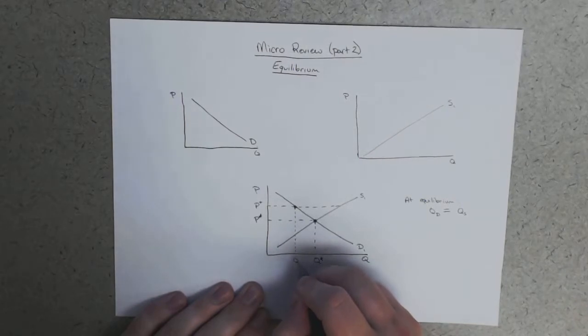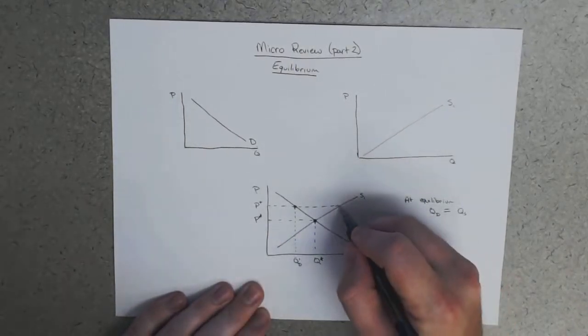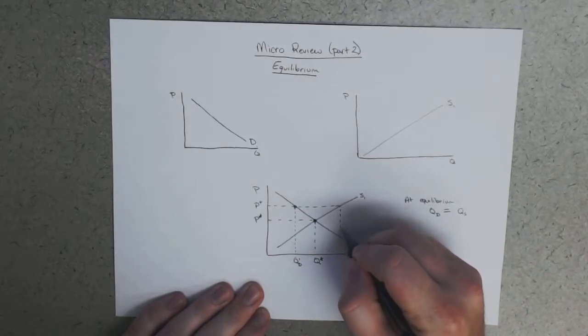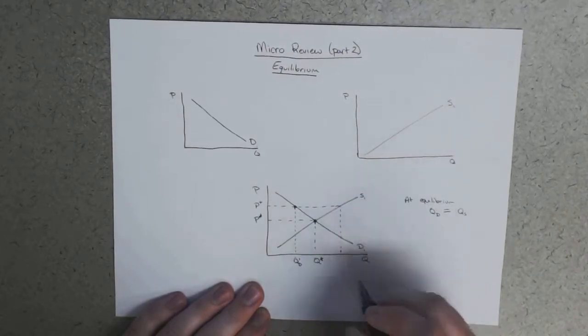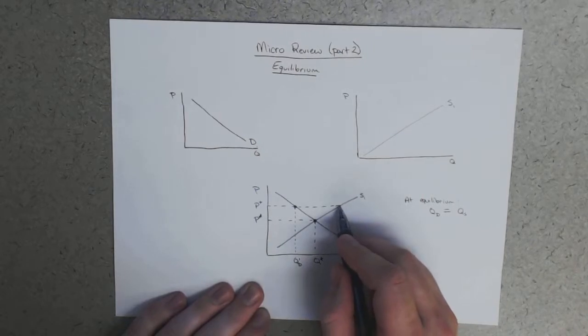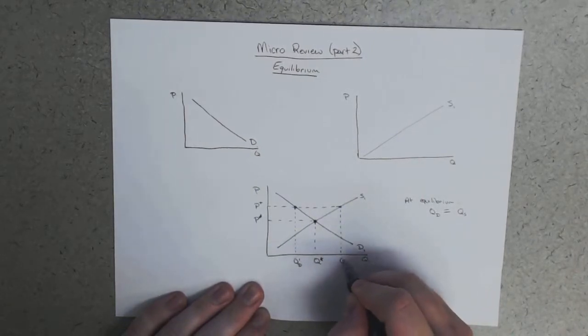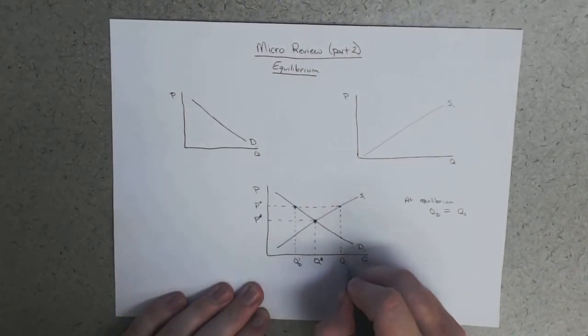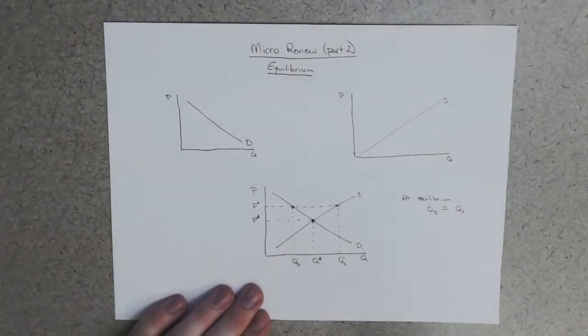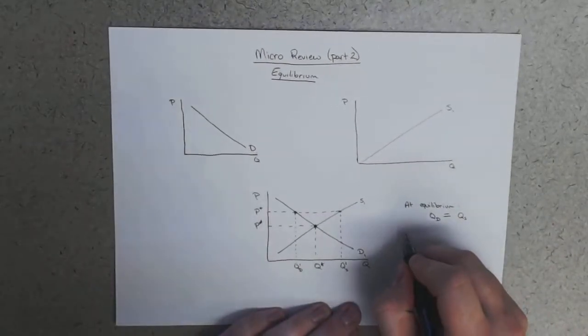We've got QD, I'll call it QD1. I can come straight down here, and I run into the supply curve right there, come straight down. We'll call this QS1.